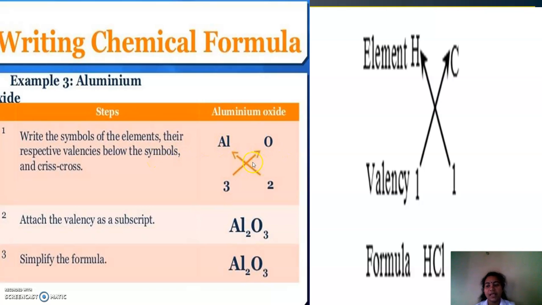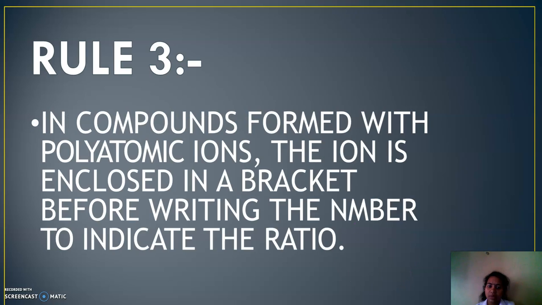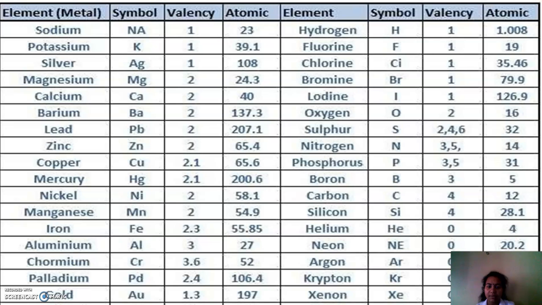That is O. Then we write the valencies at the bottom or top. What is the valency of aluminium? Let's check. Aluminium's valency is 3. What is the valency of oxygen? Oxygen's valency is 2.